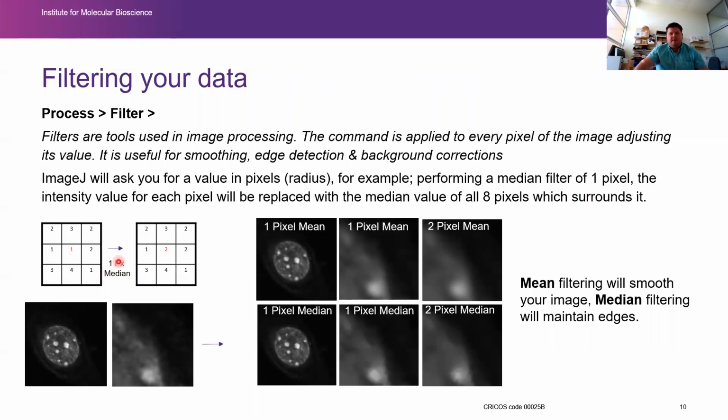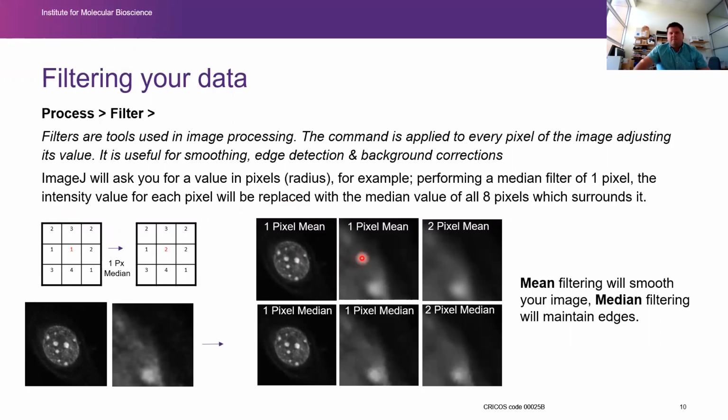If it was 2, then there would be a box here of 25 squares, and it would go diagonally 2 and average them across, right? Then it updates the intensity value of that individual pixel, and it goes across for every single one.